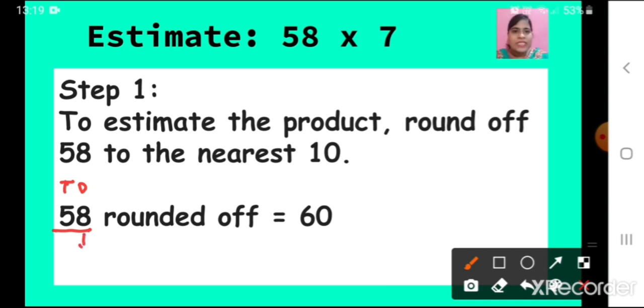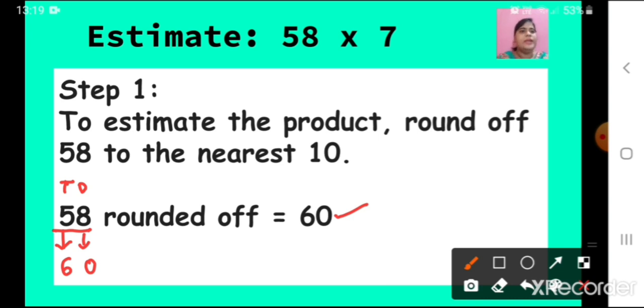So in the ones place we put 0, and at the tens place we add 1. So 5 plus 1 is 6, correct? This is how we round off the number to nearest 10. So 58 rounded off is 60. This is step 1.